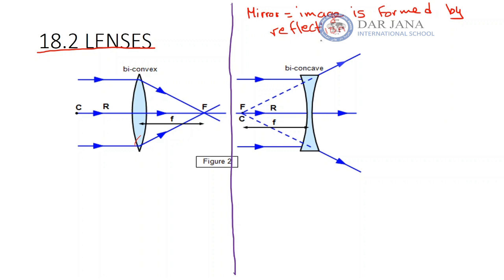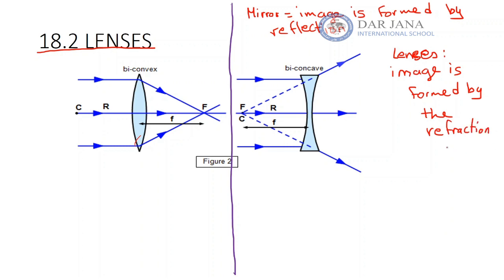When we talk about lenses, so these are lenses, the image is formed by refraction of light. So this is the main difference between mirrors and lenses, but they are similar in cases, as we will see through this lesson.